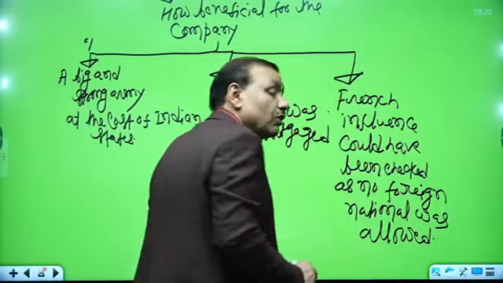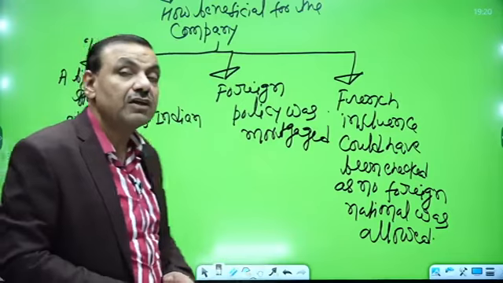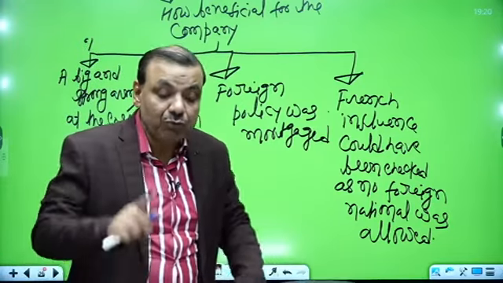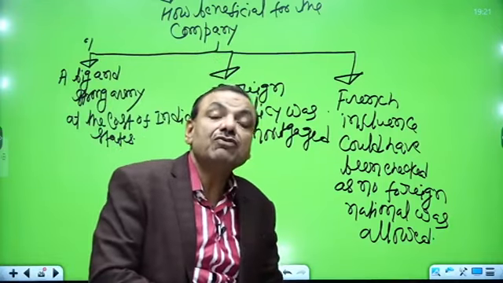My student, here you are given the information. Actually, you will find here the clear-cut 3 benefits. I am going to ask you the question, how did it become beneficial for the British company?